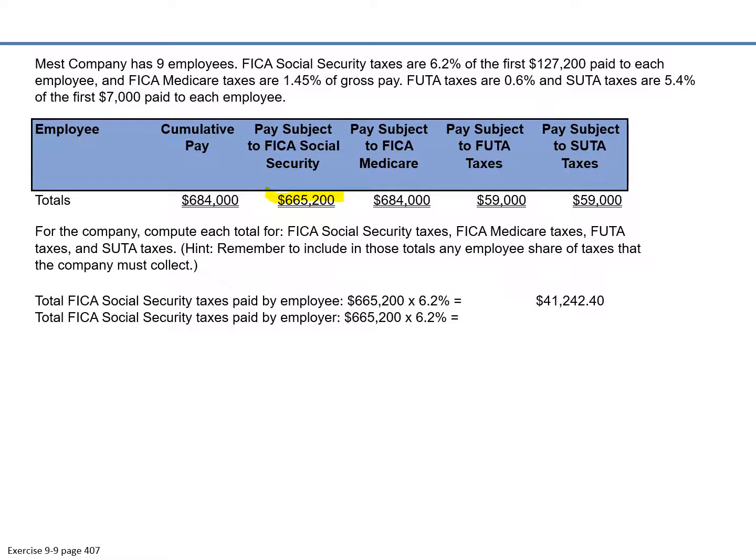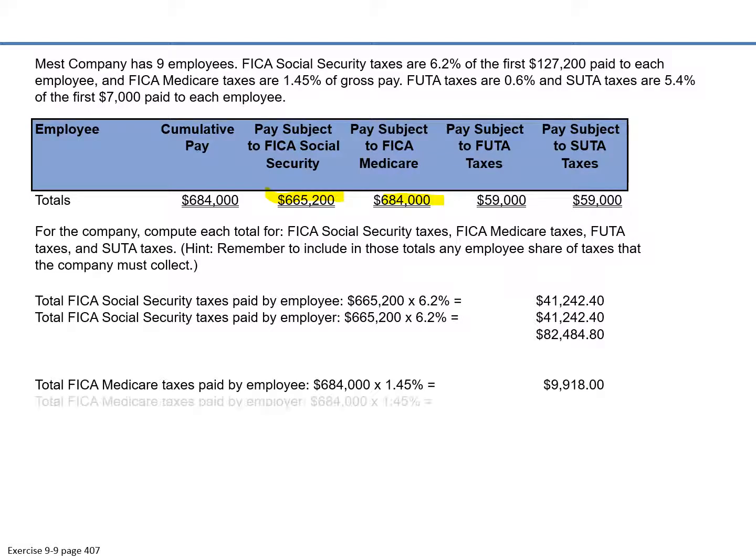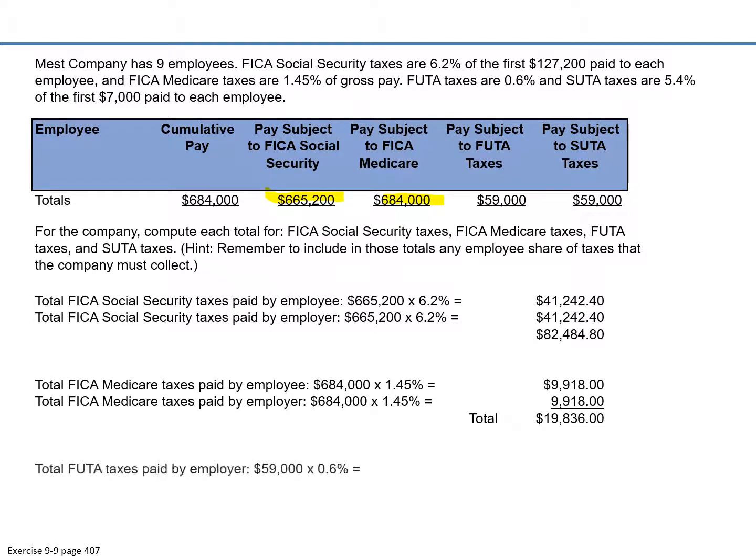Total Social Security paid by the employer is going to be the same, right? You have an employer and an employee piece. Medicare, you also have an employer and an employee piece. So this 684,000 times 1.45%, employer and employee piece, for a total of $19,836, right?